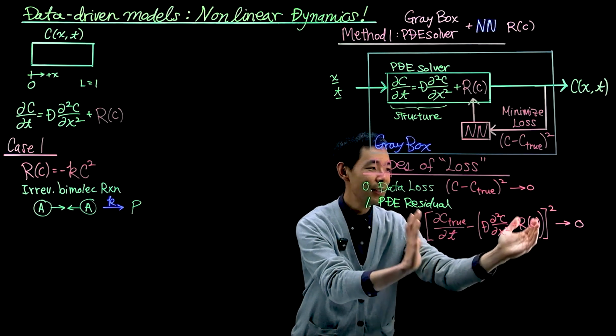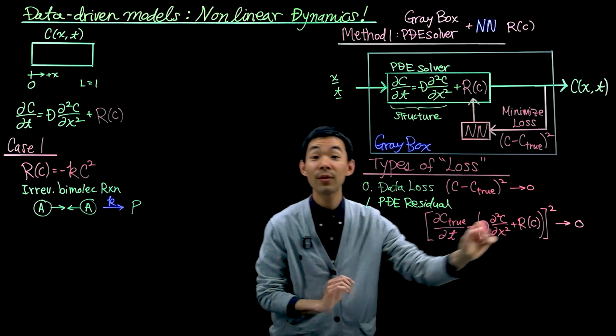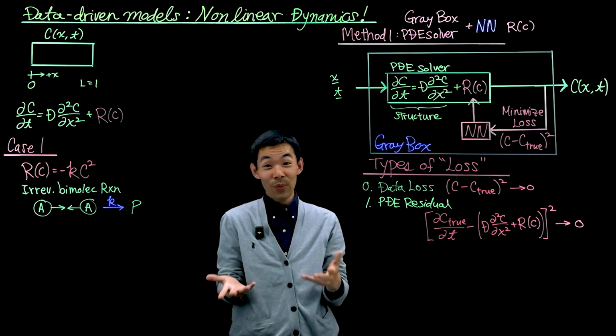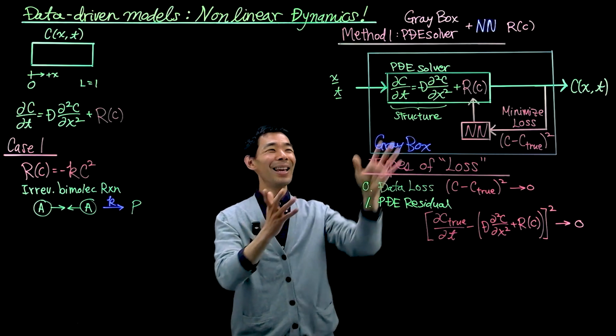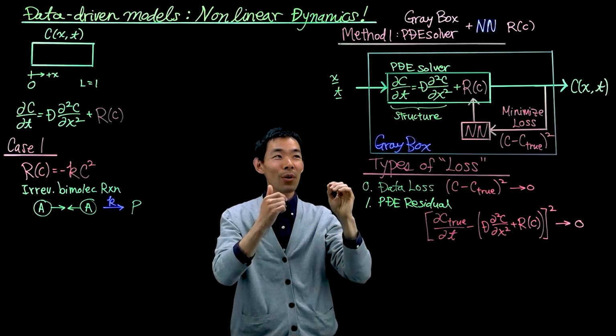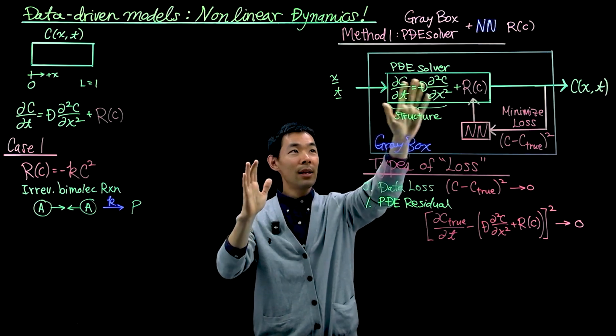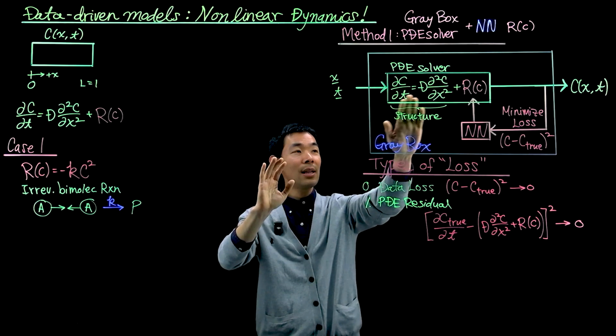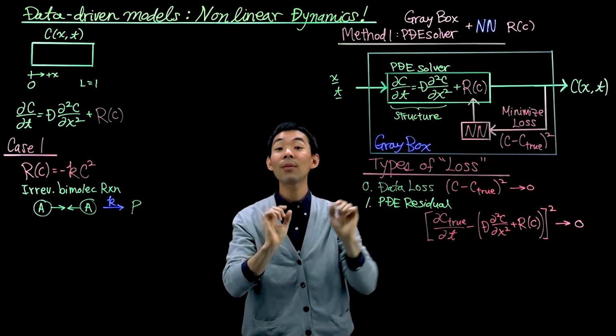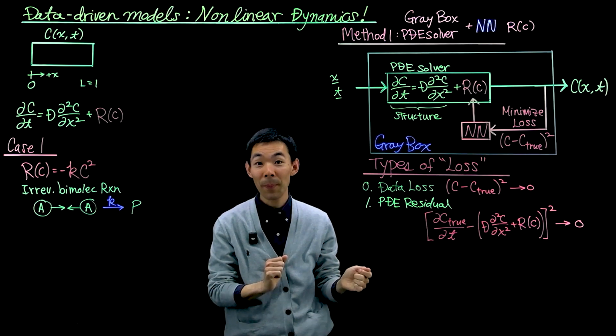This difference must be driven over to 0 because that's what we imposed. We're taking a PDE and we're setting that equal to 0, right? If we set this over to the left-hand side, the difference of dC/dt minus all this stuff, that residual must be equal to 0.